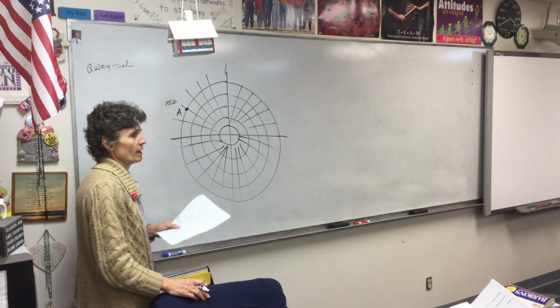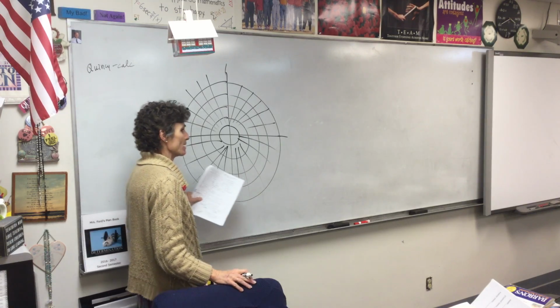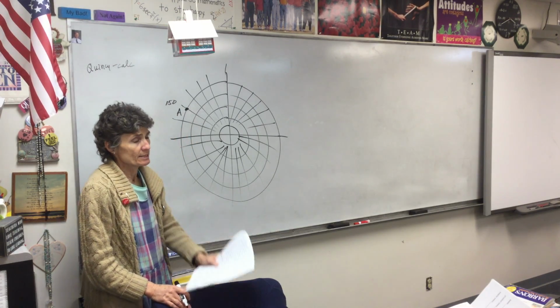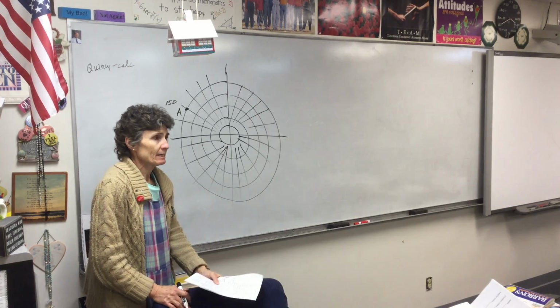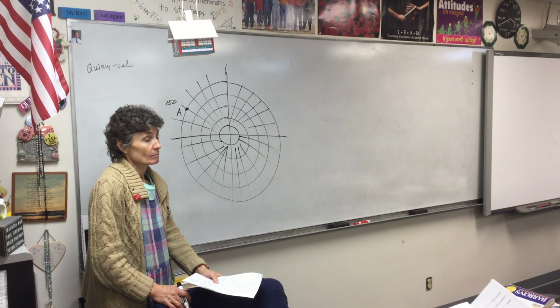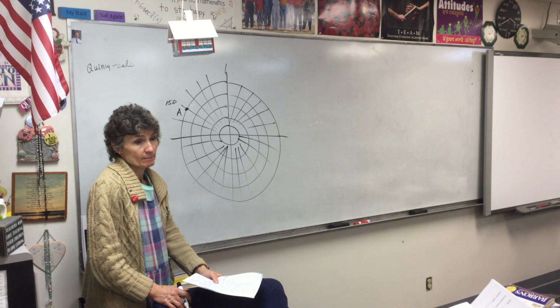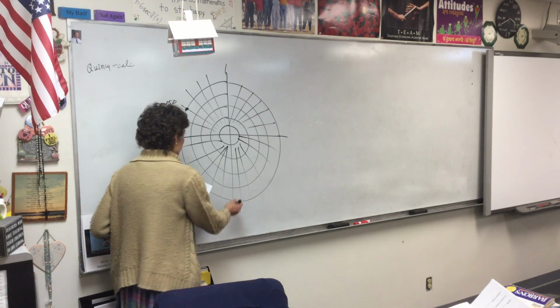Now the next one is in radians. Since my graph paper is in degrees, I probably want to think about negative pi over 3 in terms of degrees. So what would negative pi over 3 be?